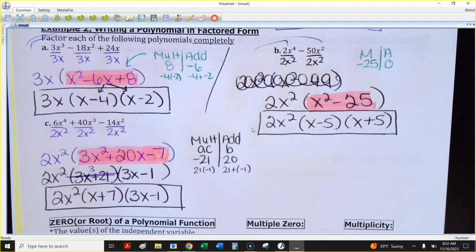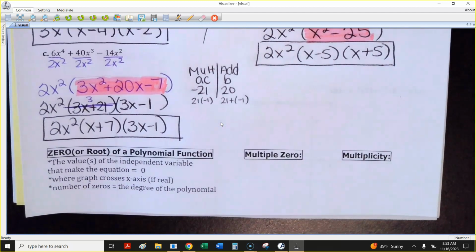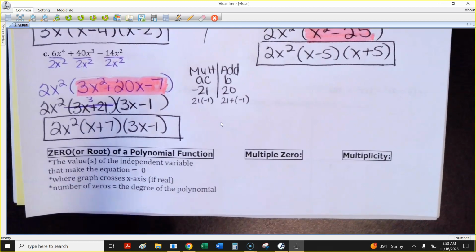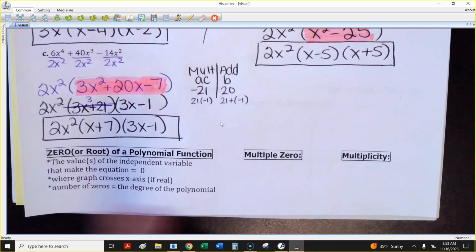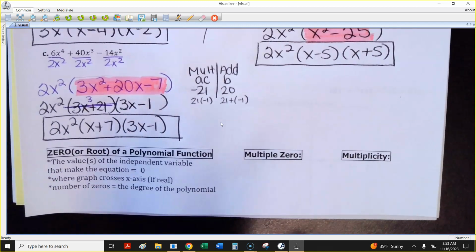Okay, now, at the very bottom, we're going to solve some equations on the back of this in a second, but I want to talk to you about what we call a multiple zero or a multiplicity. Now, we did this with quadratics. It says here, the zero, if you remember, can look a couple different ways.